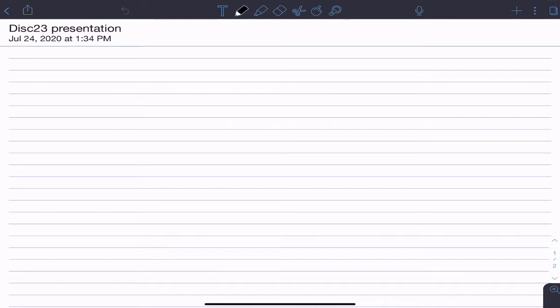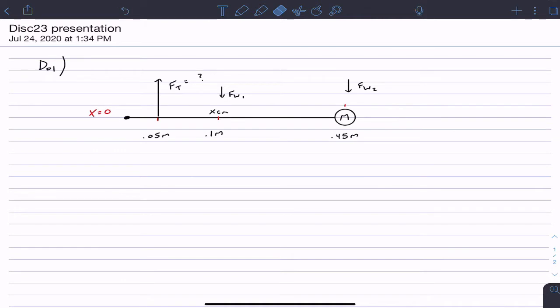We're looking at problem 1 on the homework, where you have an arm held perpendicular to the ground and it's holding a mass. Here is a model of the arm.